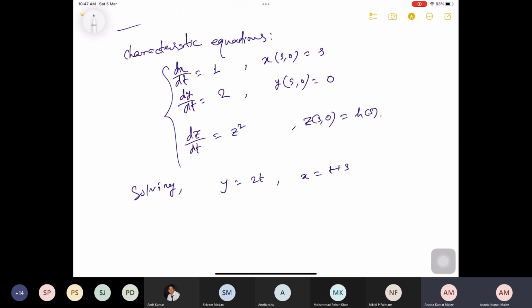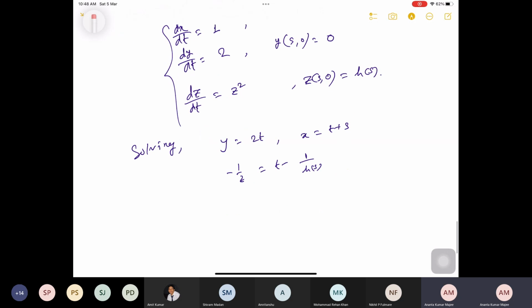And from here, dz/z² is equal to dt, so 1/z is equal to minus t plus a constant. If you look at the initial condition, this should be 1/h(s), because z(s, 0) is equal to h(s).